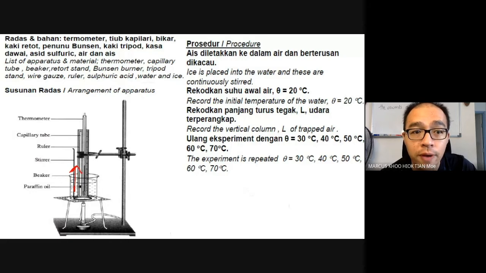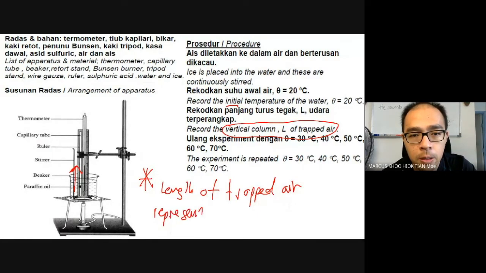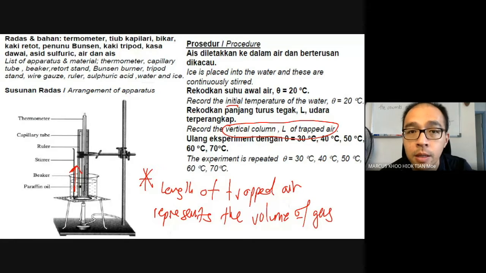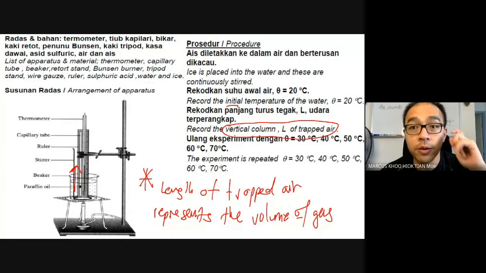So that means, and please take note of this, please write this down at the star: the length of this vertical column of trapped air represents the volume of gas. So the length of the trapped air is a representation of the volume of gas.